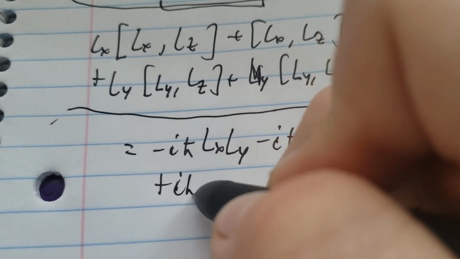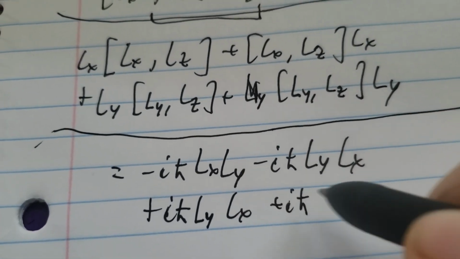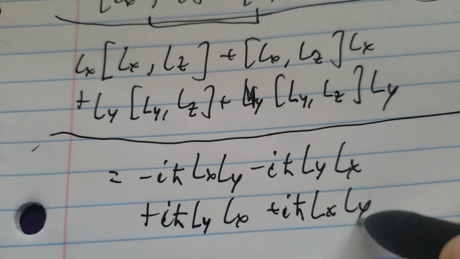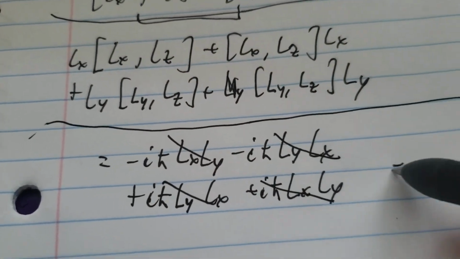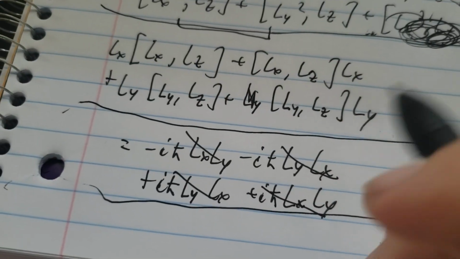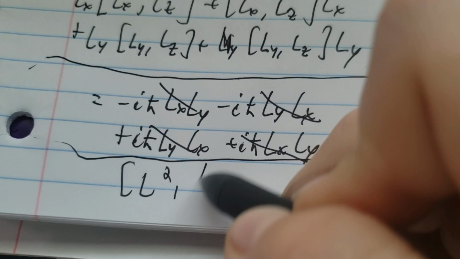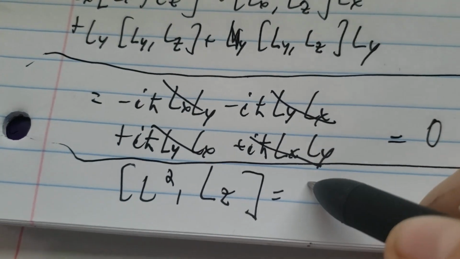So plus i h bar Ly Lx plus i h bar Lx Ly. That cancels, and that cancels, and we get 0. And we find that L squared does in fact commute with L sub z. And in fact, if you did this calculation with the other components, you find that it's also 0.